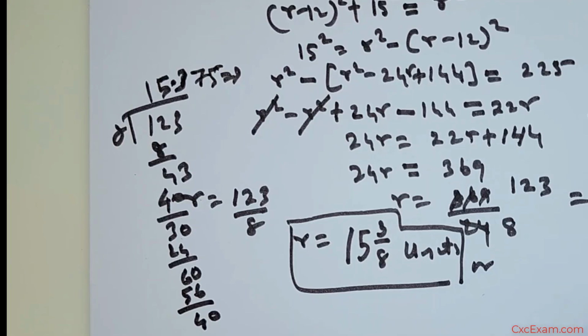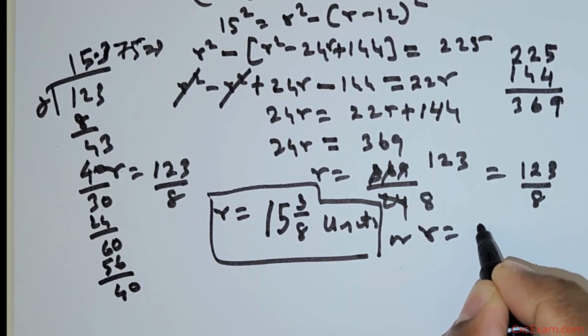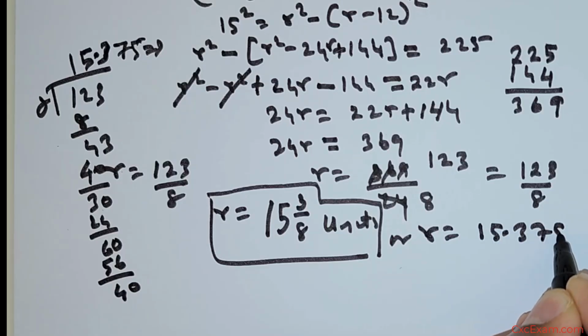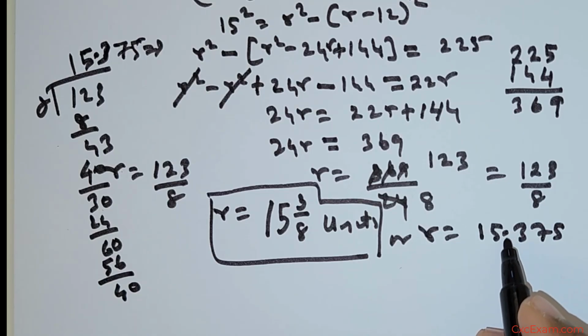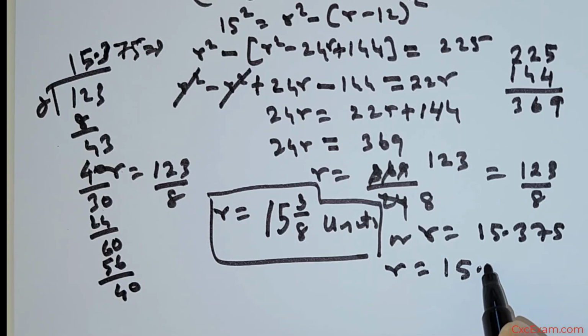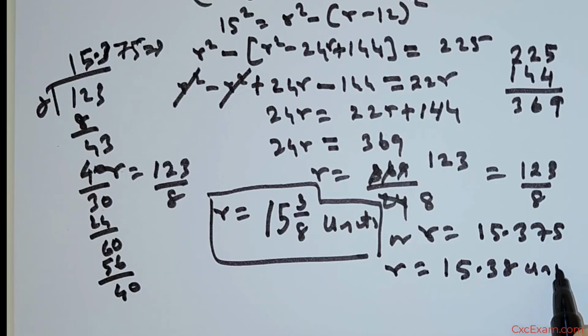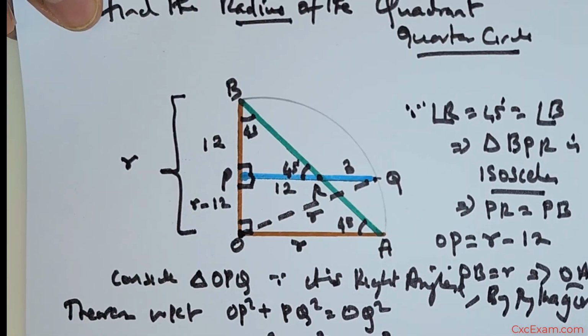So you can rewrite this, or this is R is equal to 15.375. If they are asking you to bring it down to 2 digits after the decimal, then you can rewrite this as R is equal to 15.38 units. Okay, so that's the solution for this question. We move on to the next one.